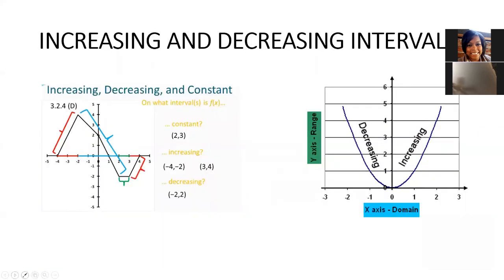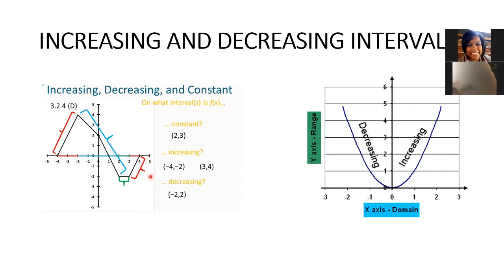When we're writing increasing and decreasing on intervals, we want to write them using parentheses. You don't use brackets because you're not defining the value. You're just saying it's happening from here to here. So for example, when I look at this graph, constant means I'm staying the same, I'm not changing. My constant took place right here in the green from 2 to 3.